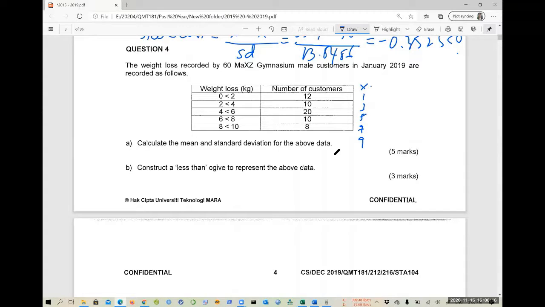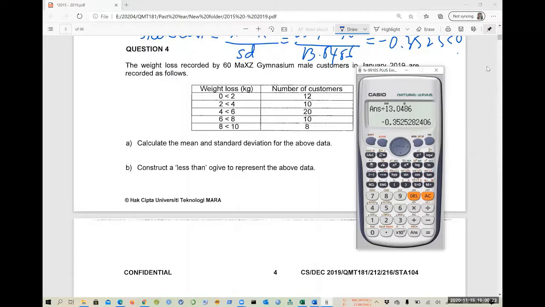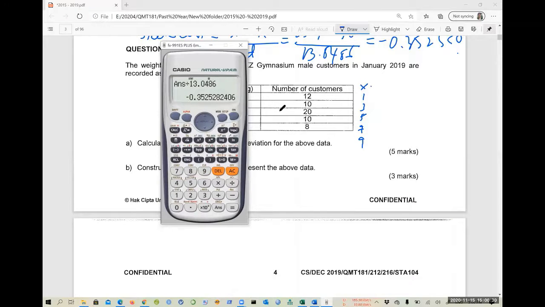I'm just going to show you how you can enter the data once again using your calculator. This is your calculator. Let's clear everything first. Just now our stat was without the frequency, but now we want it to be with the frequency.